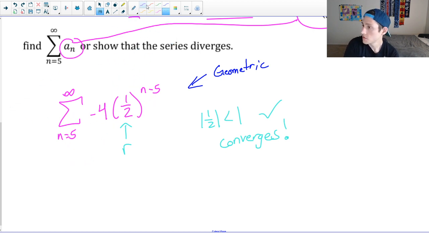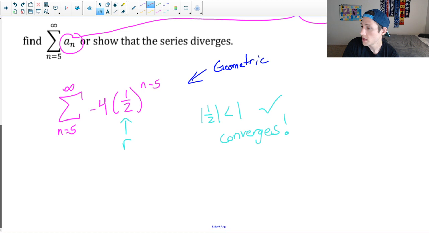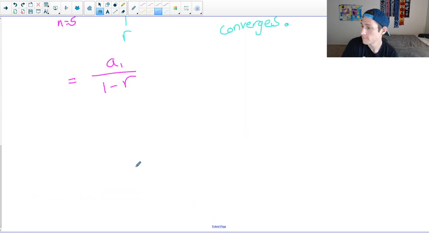All right, if that's true, then we have a nice little formula we can use for the sum of a convergent geometric series, which is a1 over 1 minus r. So that's negative 4 over 1 minus 1/2.